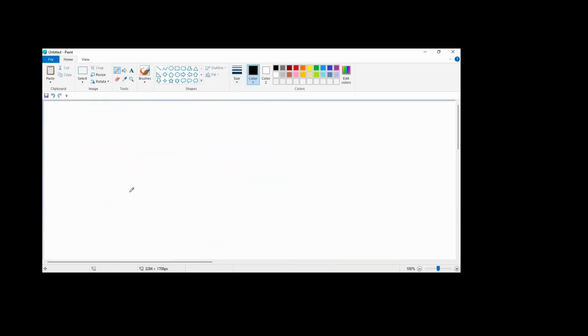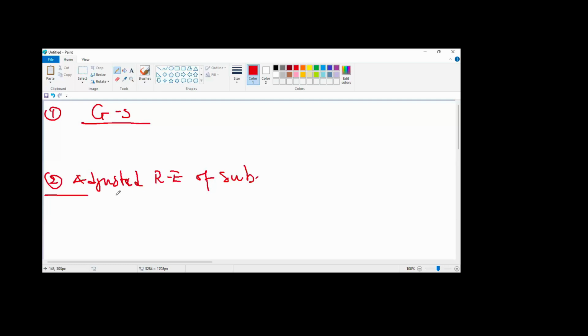To balance this accounting exam, what do I need? One, I need a good structure. Two, adjusted retained earnings of subsidiaries as per statement of financial position.